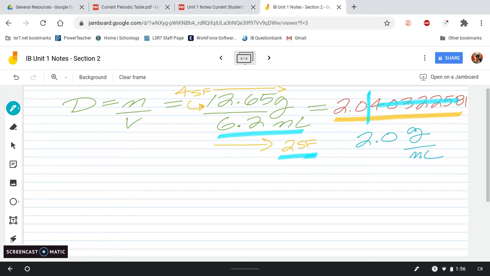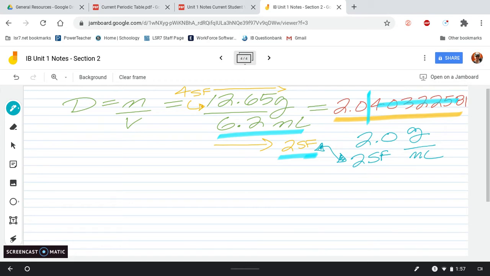So that's correct with sig figs. It has 2 sig figs, just like the least accurate value. So you just match your sig figs to the one with the least. That's how you do multiplication and division. You go through, count your sig figs, and make sure that your final answer has that many sig figs. And that's pretty straightforward.